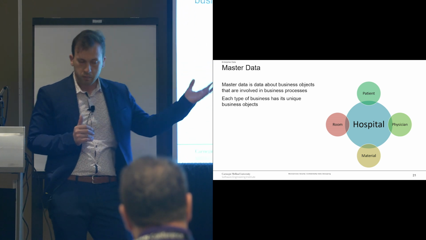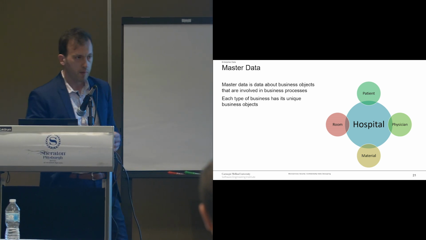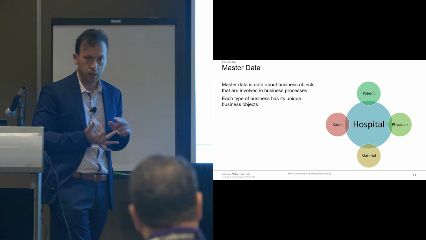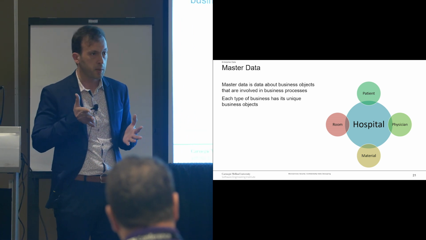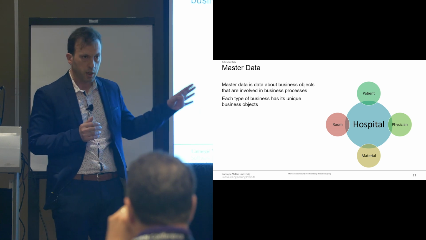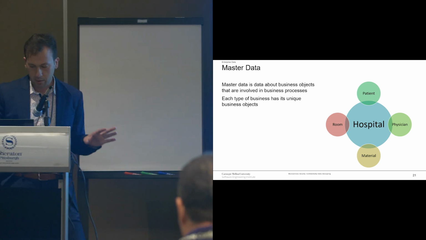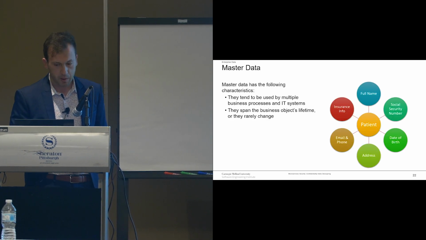For example, for a hospital, we have the patient, the physician, the material, and the room. All of these objects participate in the business processes inside the hospital. So the master data is data about these objects. For example, the patient might have the full name, the social security number, the email and phone, and so on.